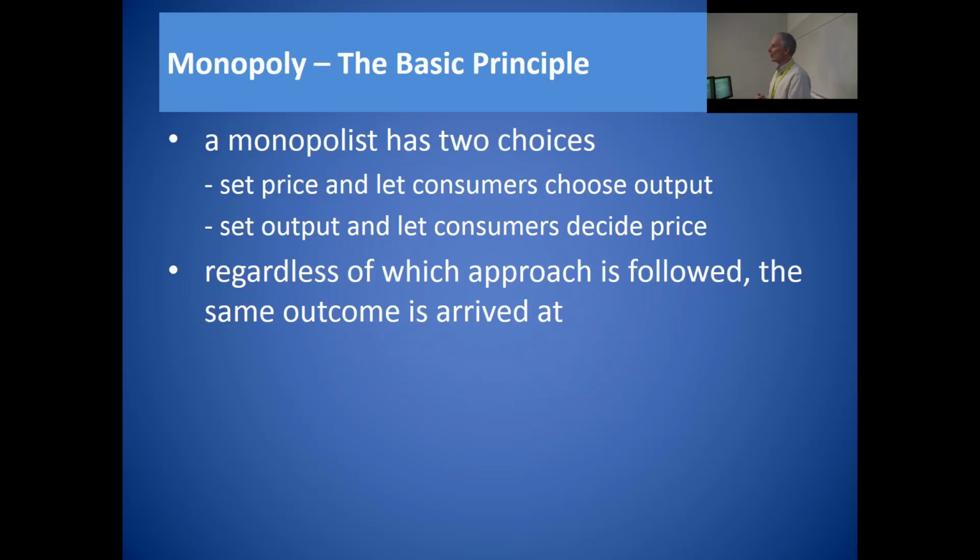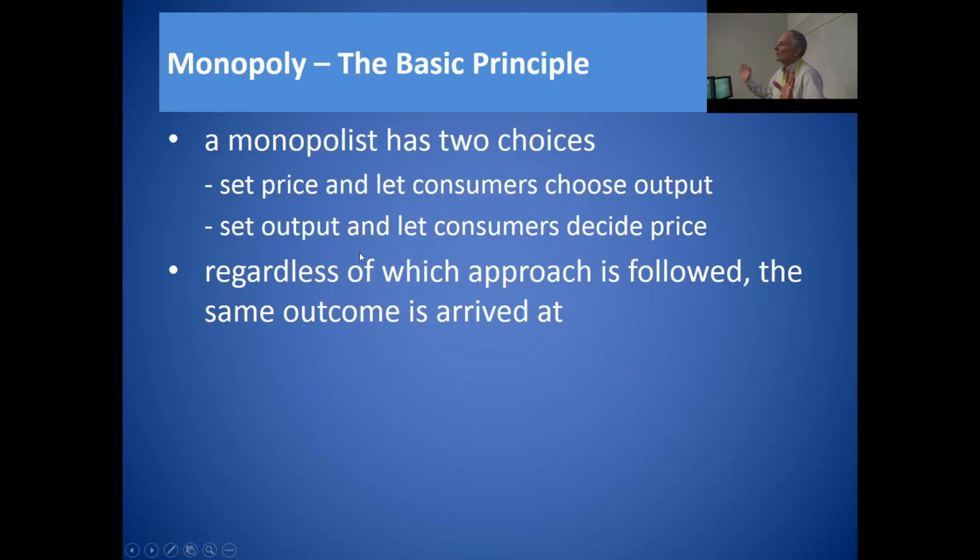So in those two scenarios that I've run through, they are absolutely synonymous. They're exactly the same. You choose price and let the market determine output, or you choose output and let the market determine the price. They result in exactly the same outcome. However, analytically, it's easier if we follow the second of those two approaches.